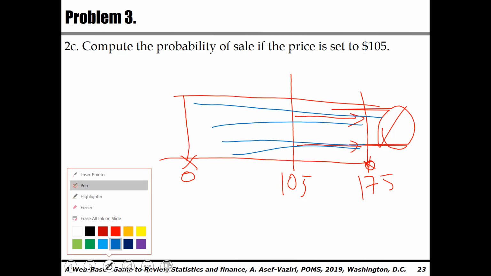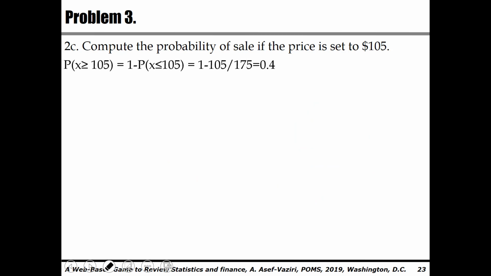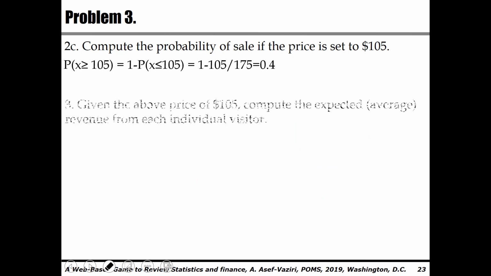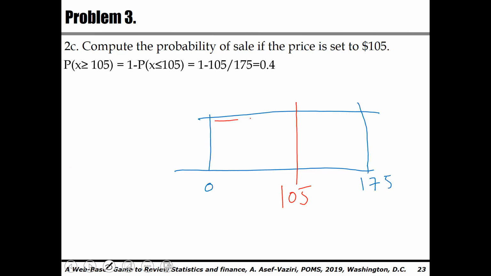Having said that, if I set the price equal to 105, probability of sales is this. And that is simply 1 minus 105 divided by 175, which is 0.4. The probability is 1 minus this side, when this height is 1 over 175.